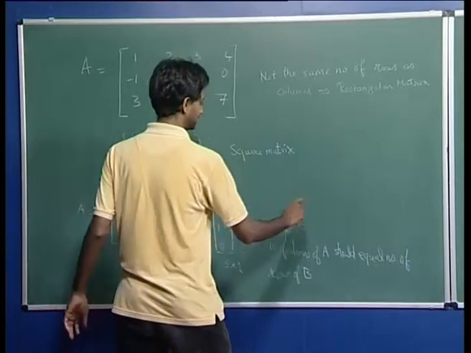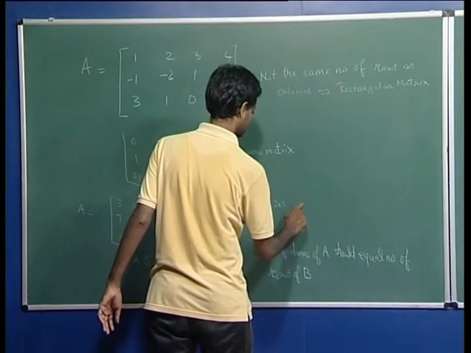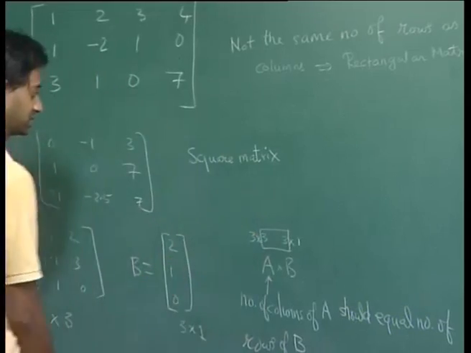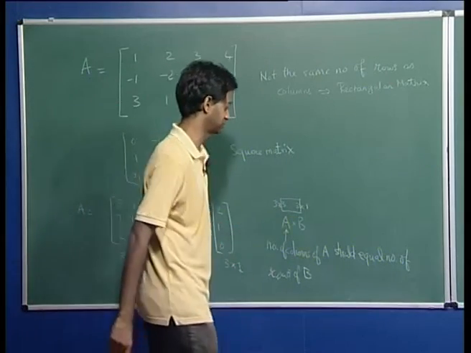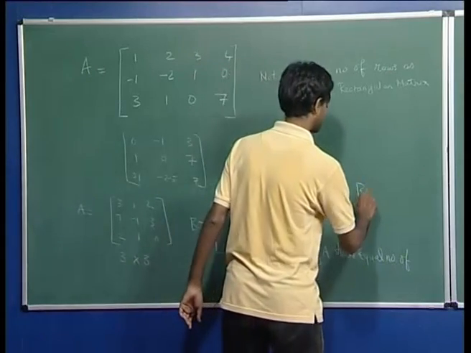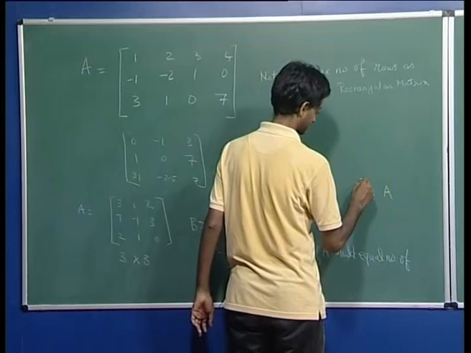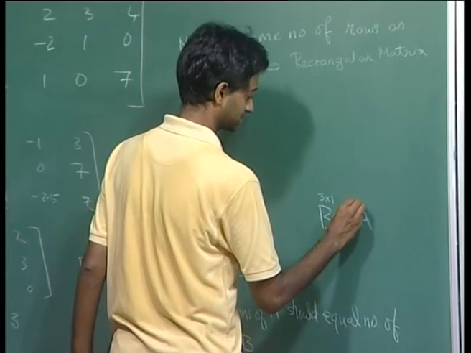So, in A times B, A is 3 by 3, B is 3 by 1, and you notice that the number of columns of A is equal to the number of rows of B. But if you try B times A, okay, B is 3 by 1 and A is 3 by 3.